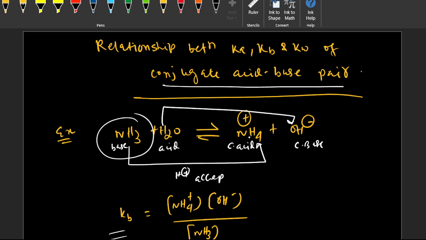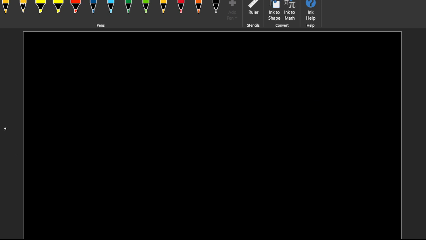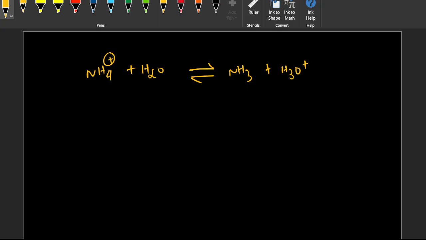Now take the Ka for this conjugate acid. For this conjugate acid, the reaction will be NH4 plus and H2O giving NH3 plus H3O plus.